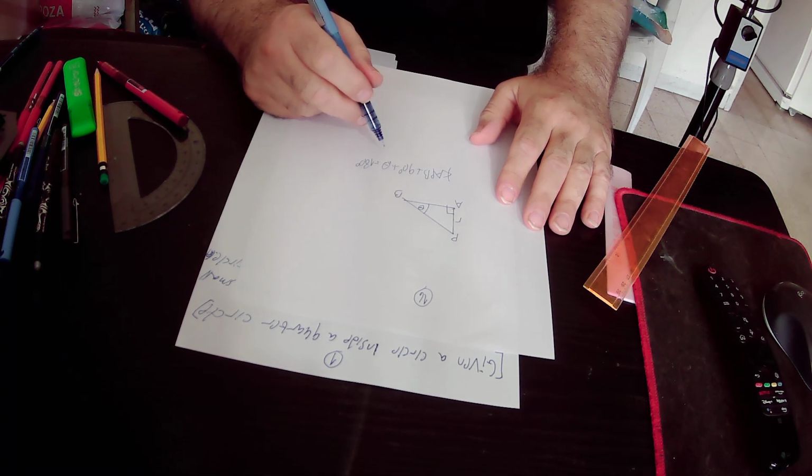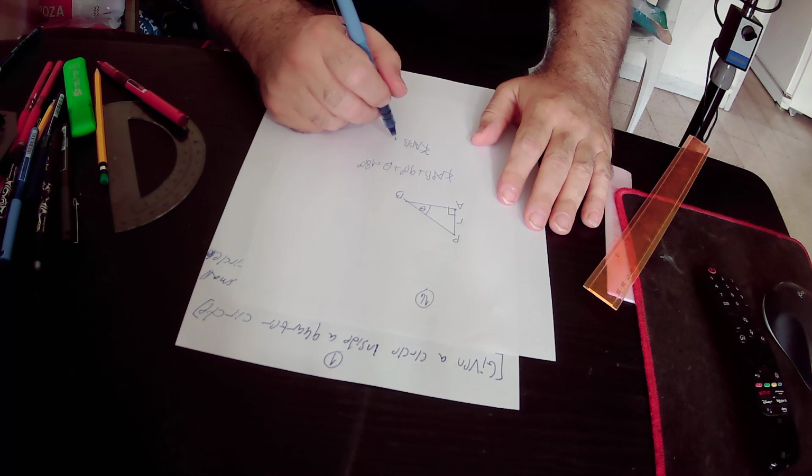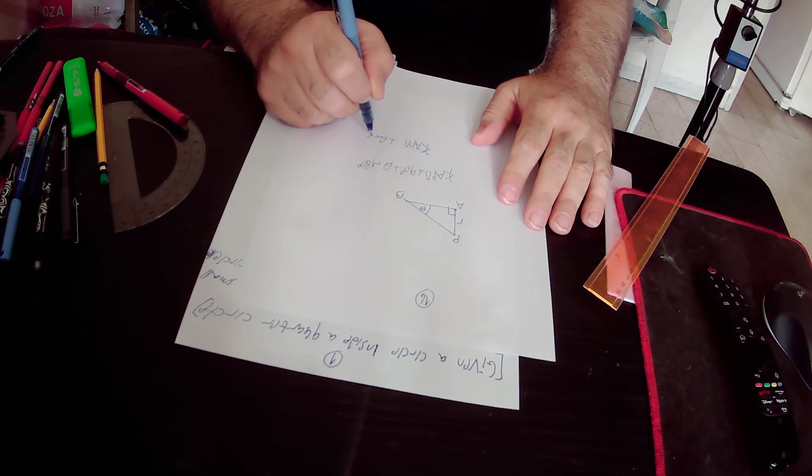We'll subtract 90 degrees from this equality and we will get that angle APB plus theta equals 90 degrees.